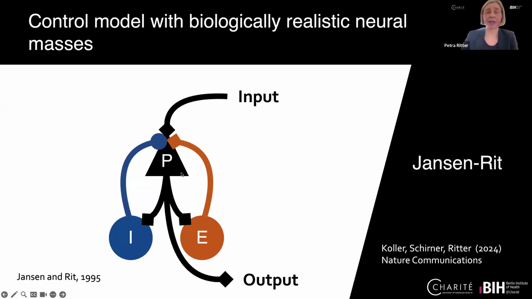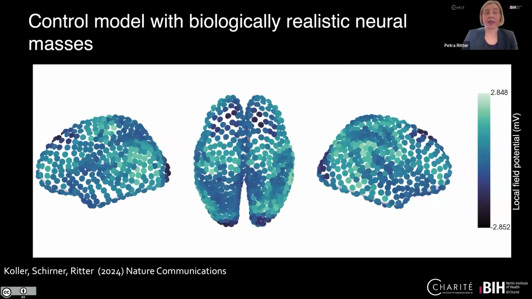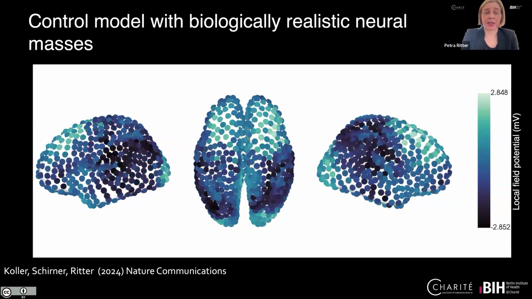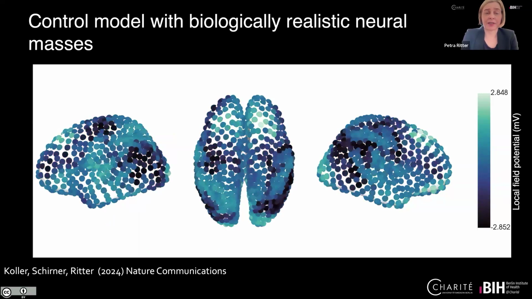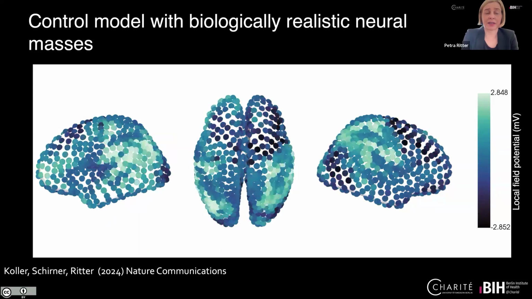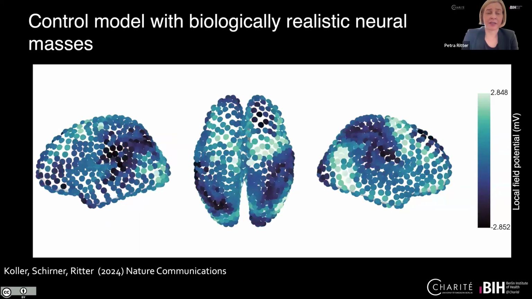And we now replace the Kuramoto oscillator in each brain region, in each brain parcellation, with this Jansen-Rit model. And the simulation outcome is very similar. Here, again, an example.